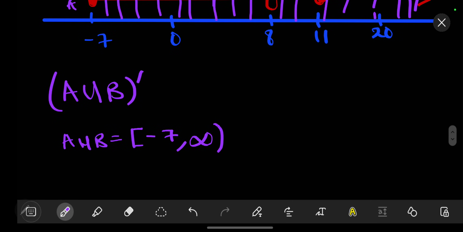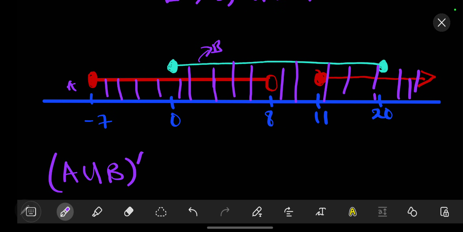With this, we can now shade what our A union of B complement will be equal to. Every value is included from -7 to positive infinity.